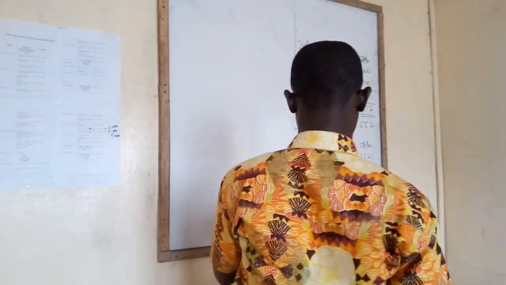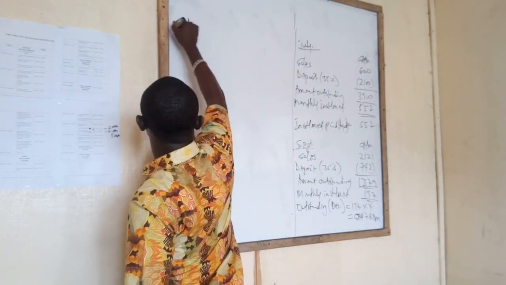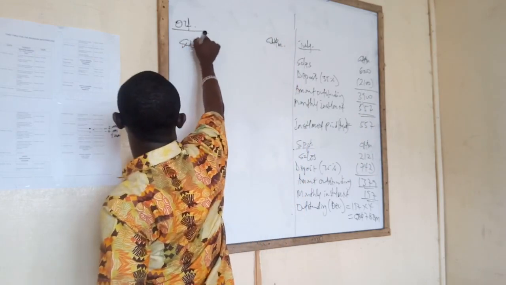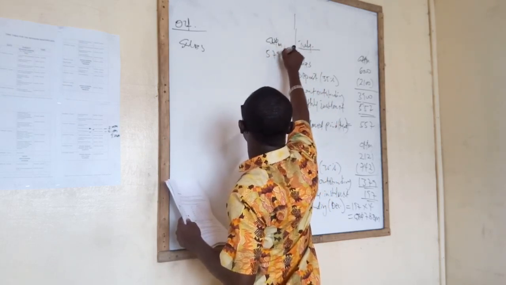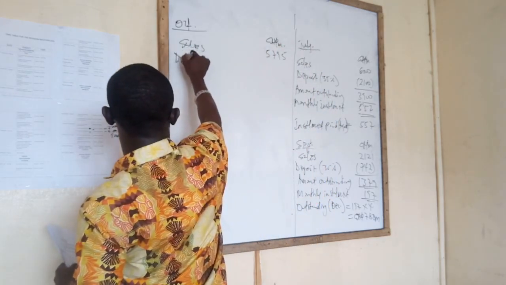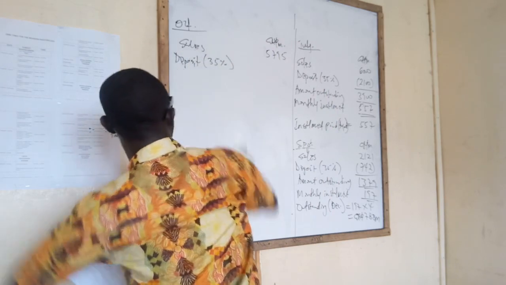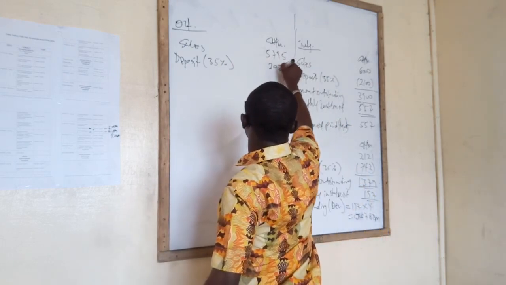Okay, so where are we? We just did September. So let's go to October. October sales is how much? 5795. Deposit, 35% of that. 2028.